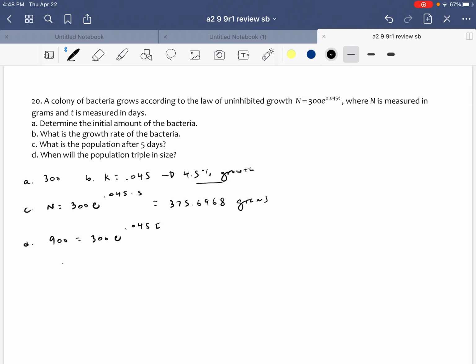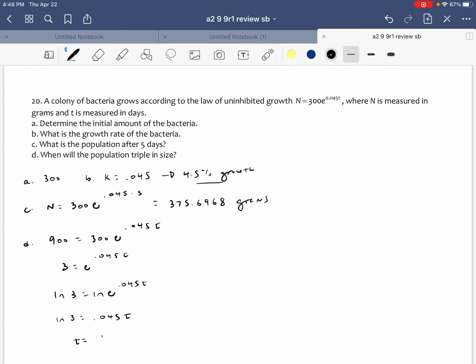I'll divide by that 300 and get 3, which I should get because of the tripling. I'm going to throw logarithms at each side to pull the power out. Because e is involved, I'll use the natural logarithm. Pull out the power. Since the natural log of e is a 1, I'm not going to write that.